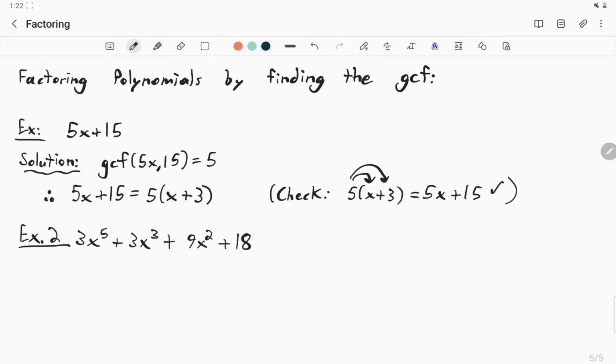Something like that. You can kind of see what I'm going for here. Well, now we got to find the greatest common factor of each of these terms in order to factor this using our GCF. So solution.